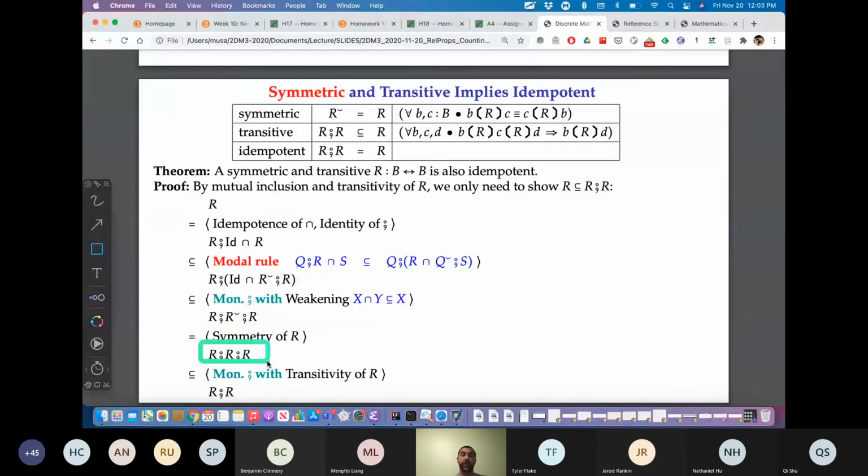And now we can finally apply transitivity to get R times R is contained in R. Okay, so this hinges on using the modal rule. Without the modal rule, we would have to resort to using these definitions. Okay, so that's the benefit of using these approximate inverse rules, right? I can factor out Q, and I stick a Q inverse over there, but the factorization is an approximate. It's not equal. Right? And this is very, very helpful to have around. Okay.